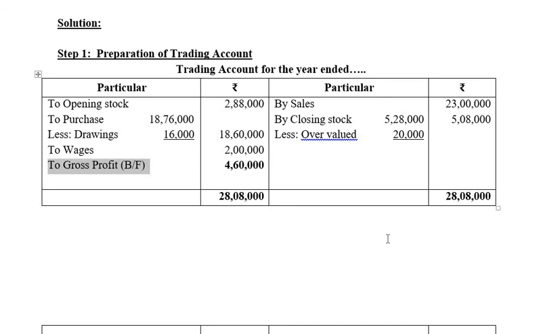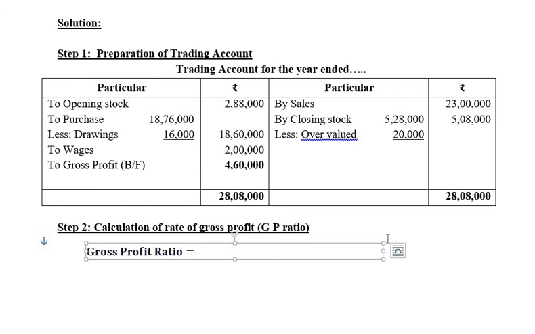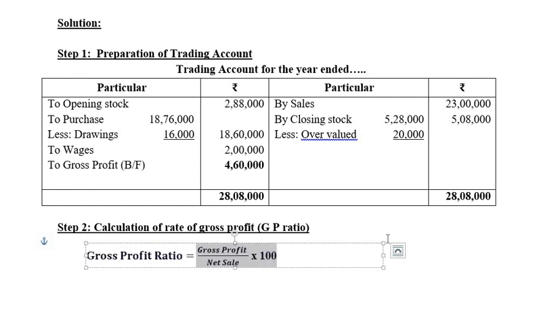The second step is the calculation of the gross profit ratio. We calculate it on the basis of last year's gross profit and sales. The formula: gross profit ratio equals gross profit divided by net sales into 100. Gross profit is 4,60,000 rupees. Net sales is 23 lakhs, into 100.